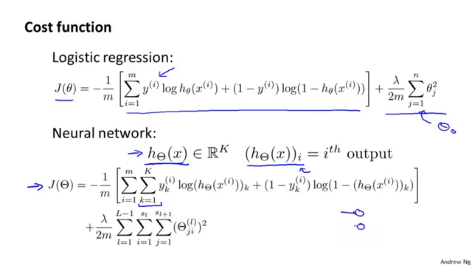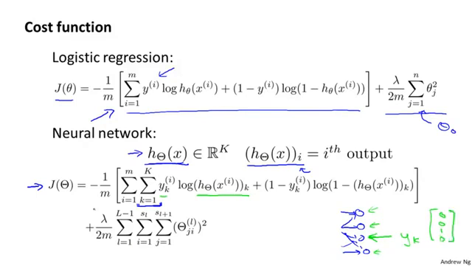So if I have 4 output units, that is, the final layer of my neural network has 4 output units, then this is a sum from k equals 1 through 4 of basically the logistic regression algorithm's cost function, but summing that cost function over each of my 4 output units in turn. And so you notice in particular that this applies to y_k, h_k, because we're basically taking the kth output unit and comparing that to the value of y_k, which is one of those vectors saying what class it should be.